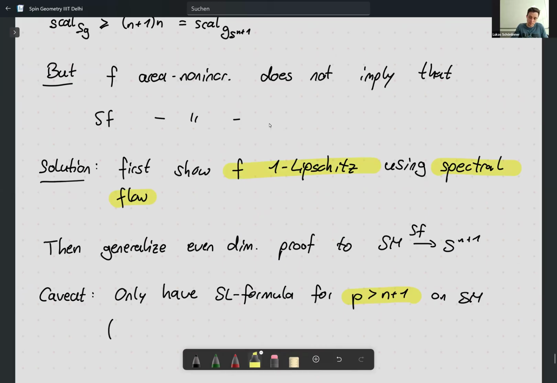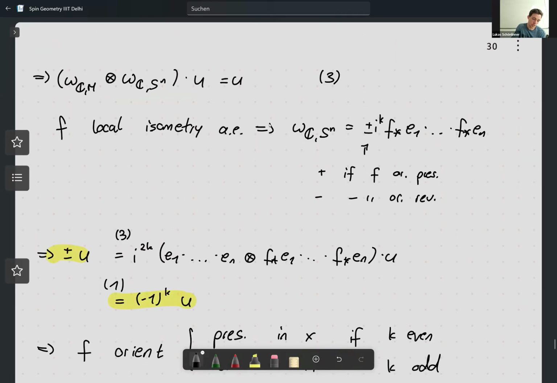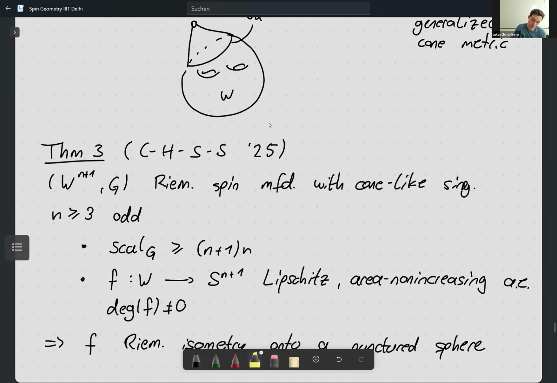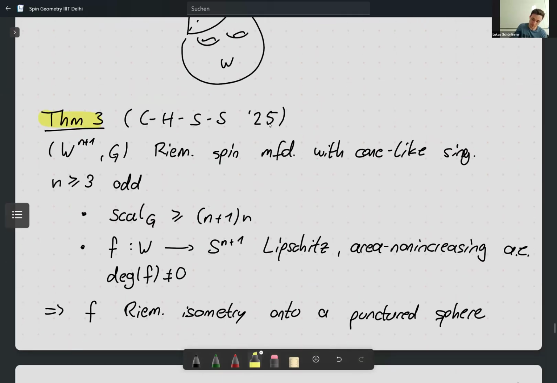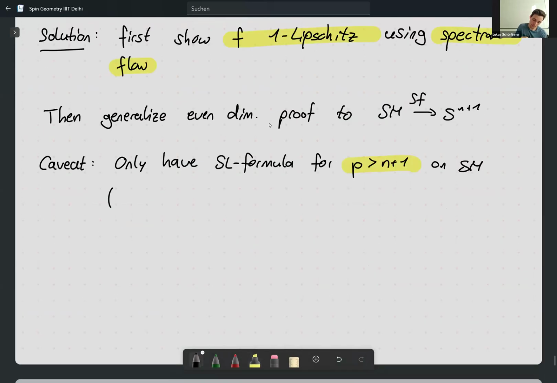But we still thought that it might be interesting to have a purely spinor theoretical proof of it. And it also allowed us to introduce a new setting where we can also prove this Llarull theorem for cone manifolds. So yeah, that's that.